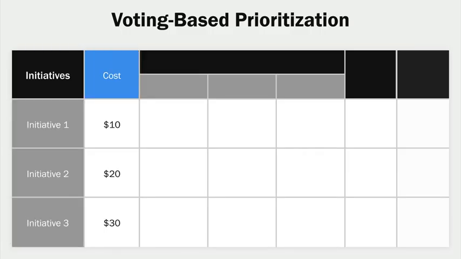Then, the PM assigns each initiative a certain cost based on the estimated effort required to complete it. For example, if Initiative 1 were to take 10 person weeks of effort, you might set costs at $10. Then, assuming Initiatives 2 and 3 are 2 and 3 times as resource intensive as Initiative 1, their costs would be $20 and $30 respectively.